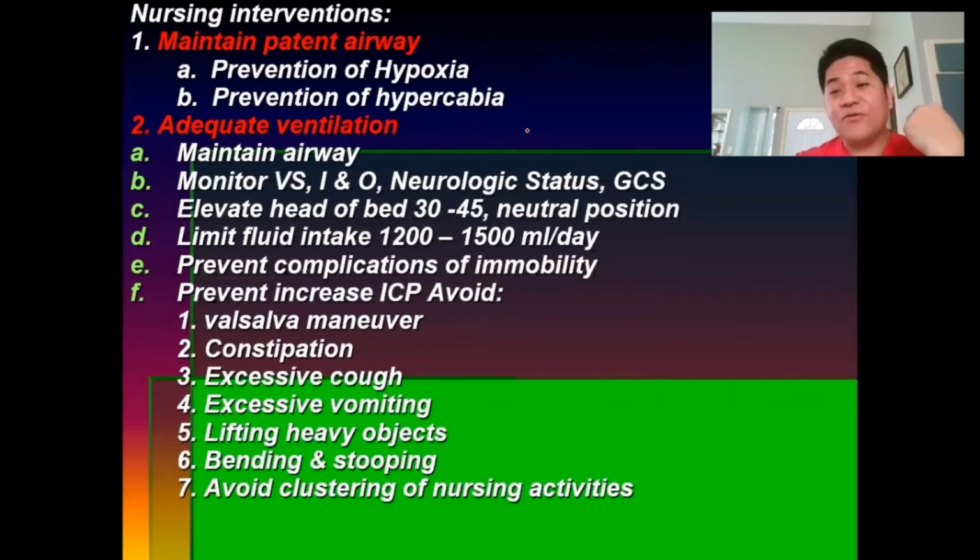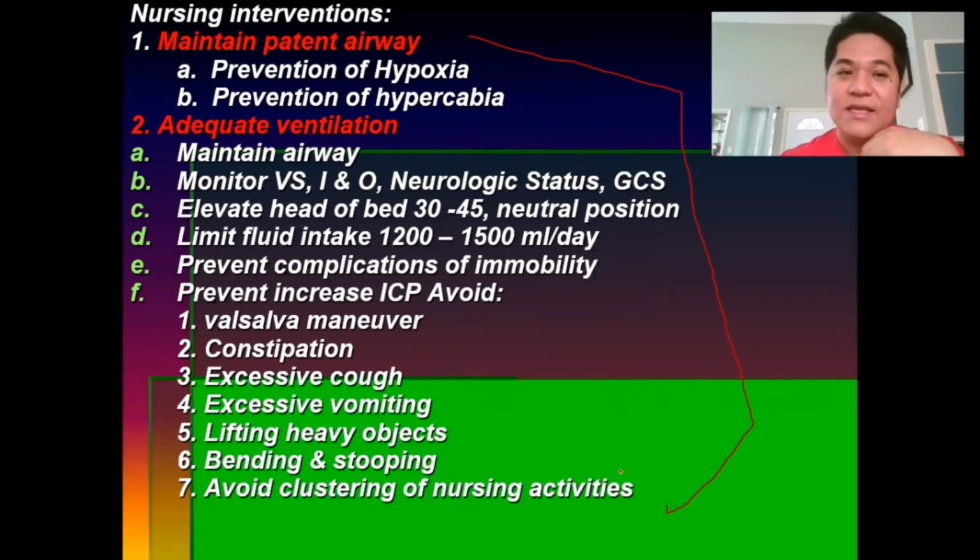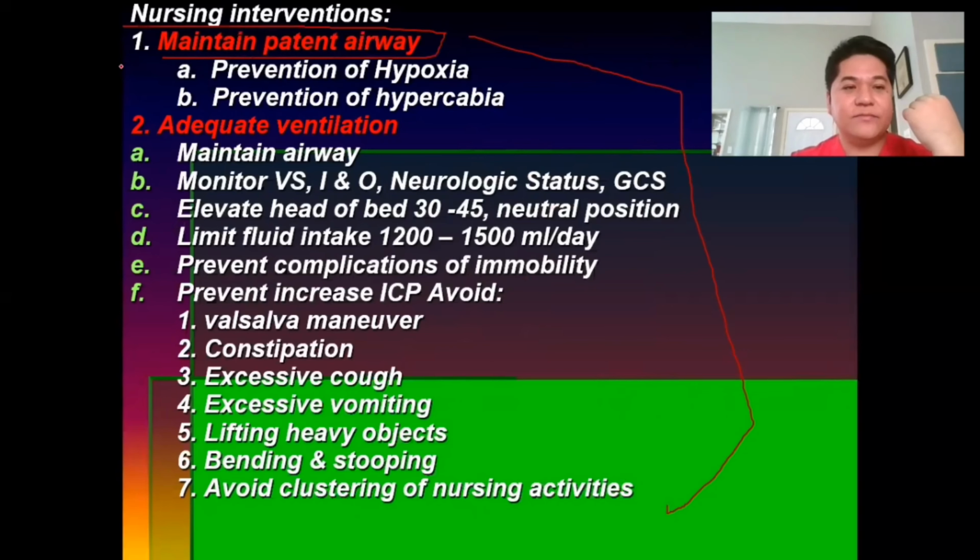Now, we focus on the nursing interventions because they always ask questions related to this matter. So, NCLEX is for nurses, so we have to know the disease itself, the cause, the symptoms, and, importantly, the nursing interventions. Of course, all the time we have to maintain a patent airway for the client.